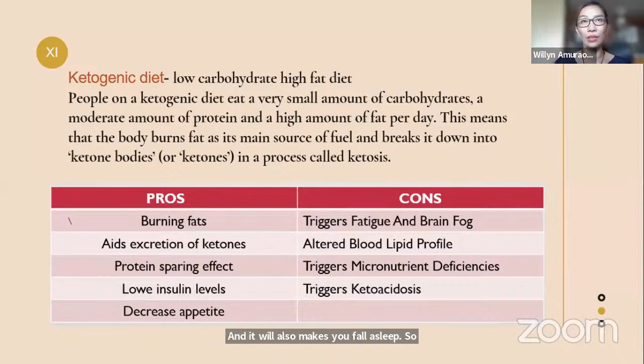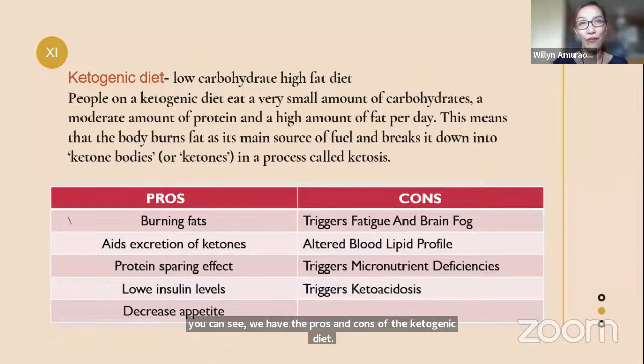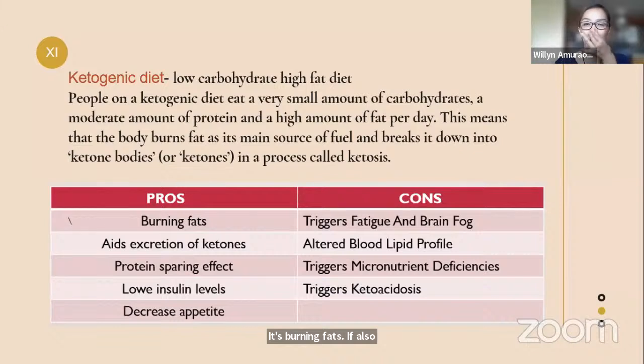So as you can see, we have the pros and cons of the ketogenic diet. It's burning fats. It also aids the secretion of ketones, protein sparing effect, low insulin level, decreased appetite. Low insulin level because this is known as low carbohydrates. We all know that carbohydrates is the glucose or sugar that is needed by our body.